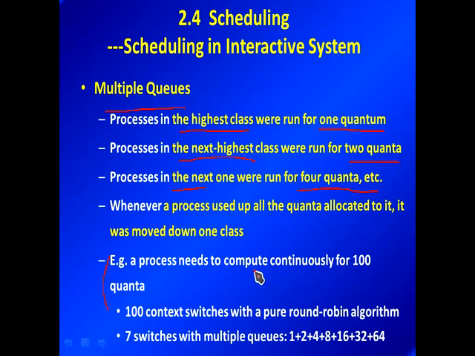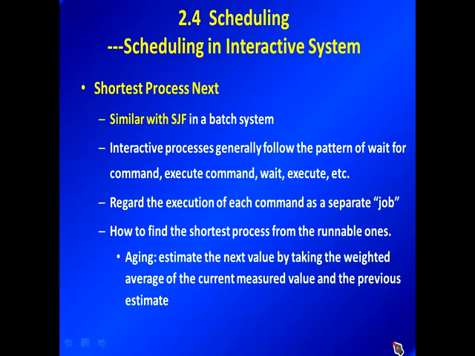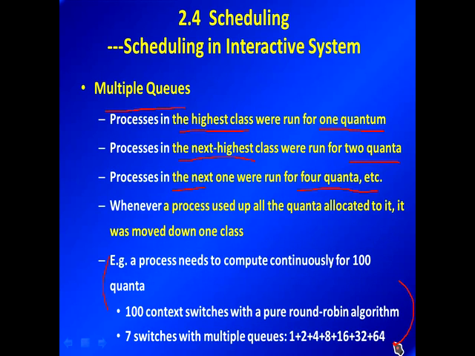If a process needs to compute for maybe over 100 quanta or 200 quanta, you can calculate how many times it needs to be scheduled by the scheduler to get into the CPU. So in this way, I think multiple queues is suitable for such processes, but it's not as simple as those four basic algorithms.